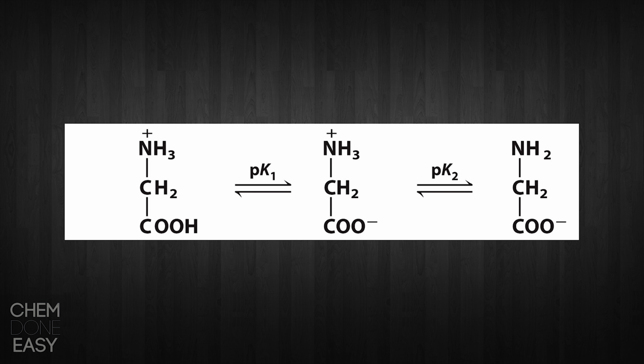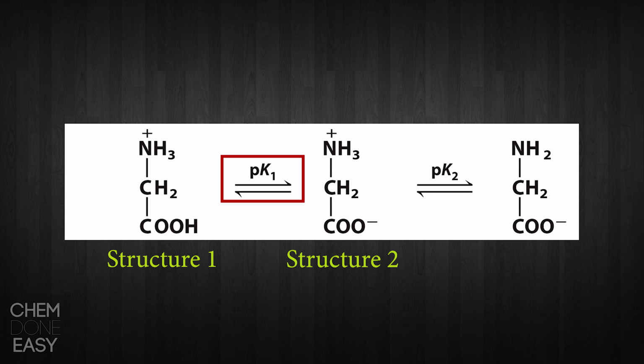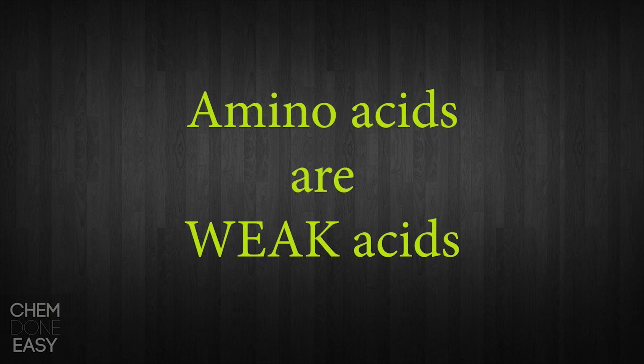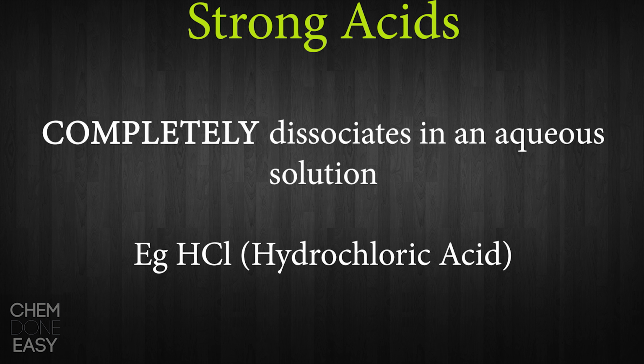However, there is a key item that we have missed in our explanation. If we look at structure 1 and structure 2 of glycine, we can see that they are in equilibrium, but it says pK1 next to it. So what does that mean? It's important to remember that amino acids are weak acids, meaning that unlike hydrochloric or sulfuric acid, they will not just throw away their hydrogens to anyone and everyone.